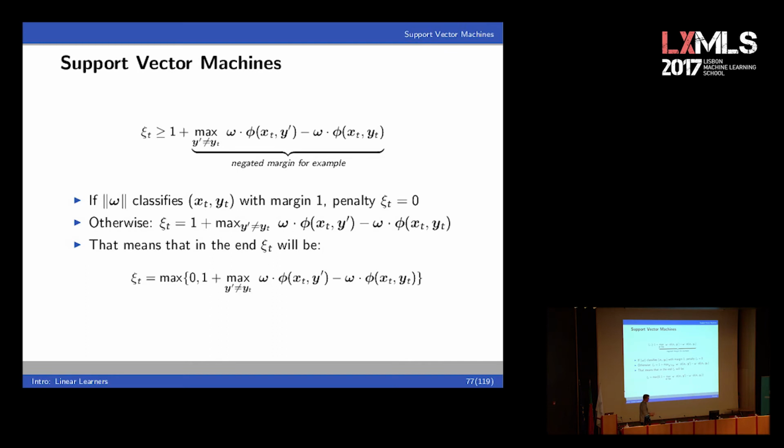This is what this term means. You have to make sure that you assign a higher weight to the correct example than to the maximum weighted example by a margin greater than 1. If you do that, then you have no error. No error is accounted.